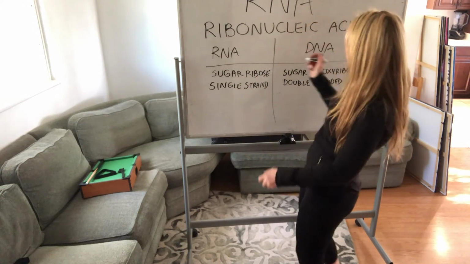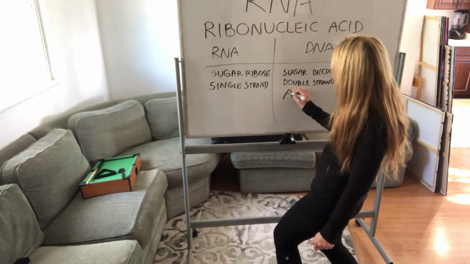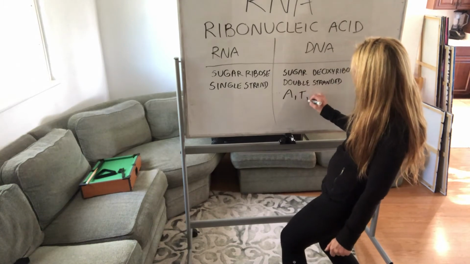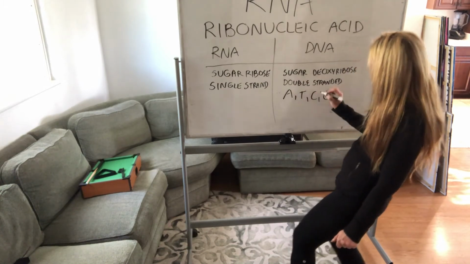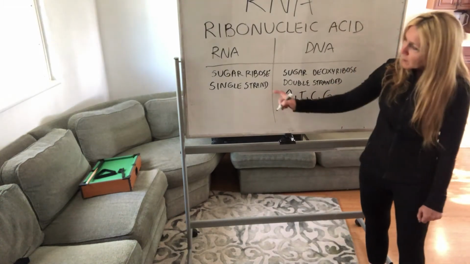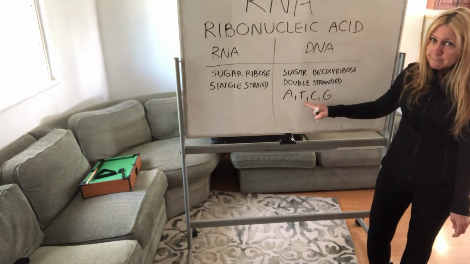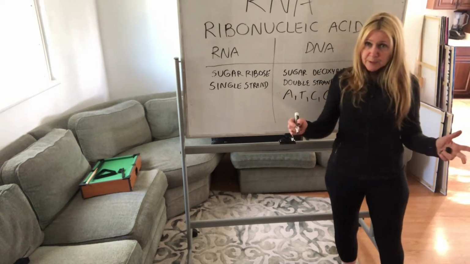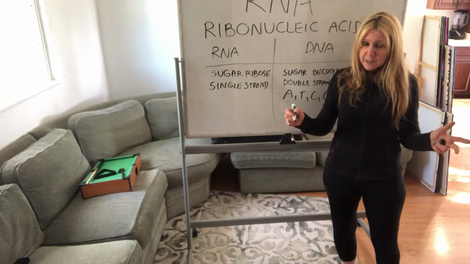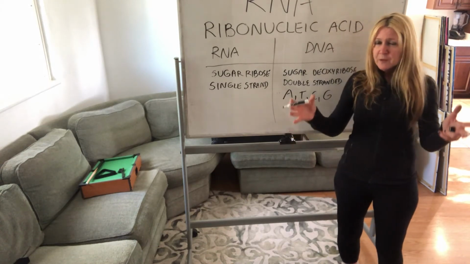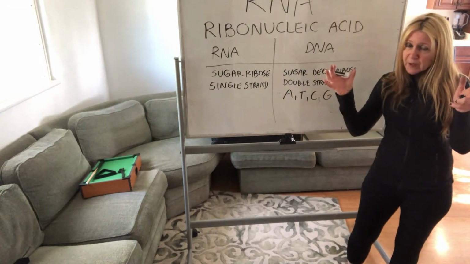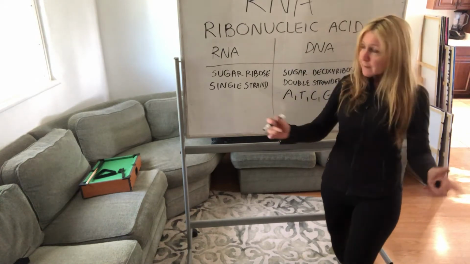So remember, DNA has A, adenine, thymine, cytosine, and guanine. RNA doesn't have this. It has a U instead of T. So it has a uracil, which is another type of base, but it's found in RNA, not in DNA.